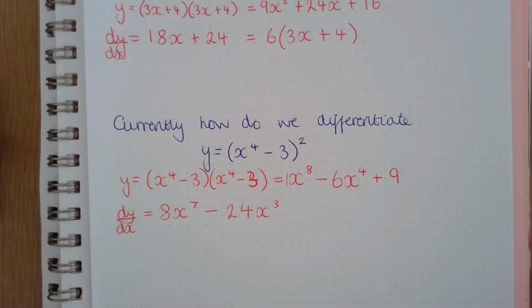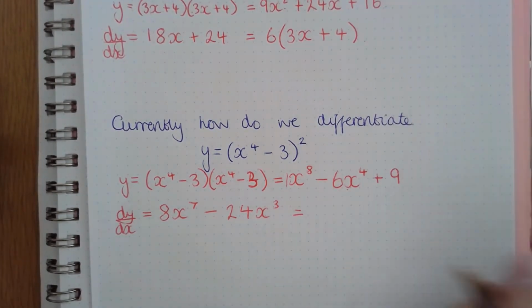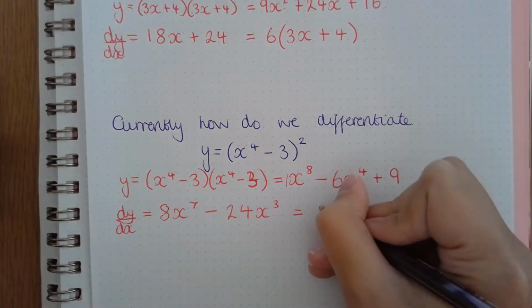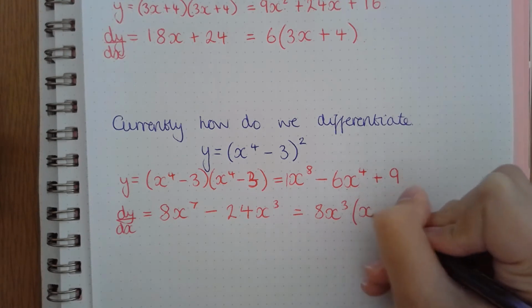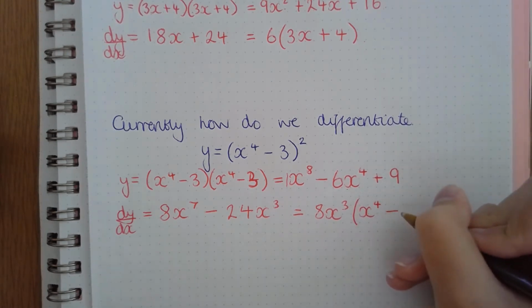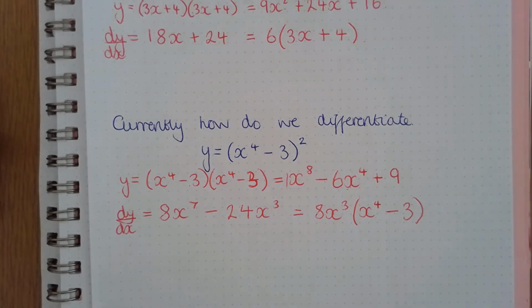And the plus 9 would disappear. But we want to try and factorise this, so we would end up with 8x cubed, brackets x to the power of 4, take away 3, close brackets. So that's what we would end up with.